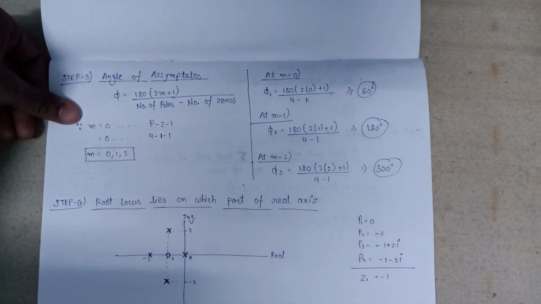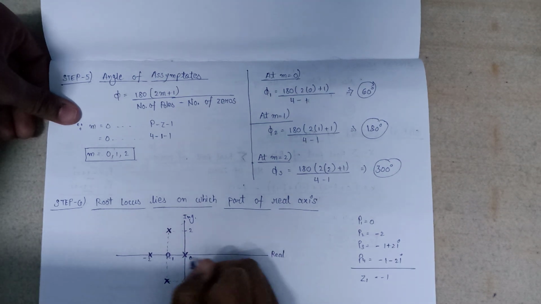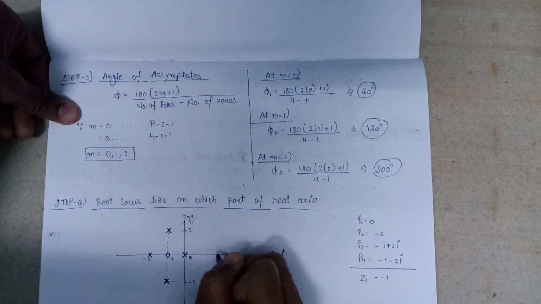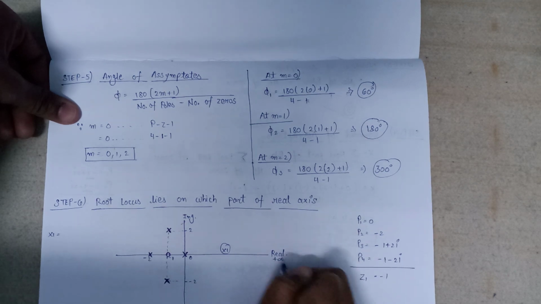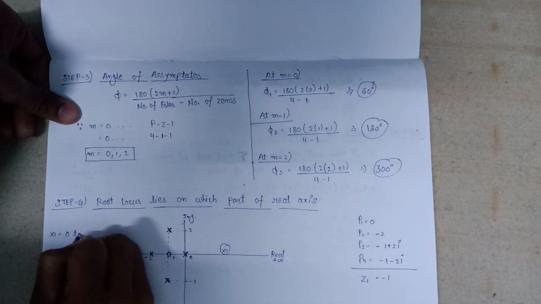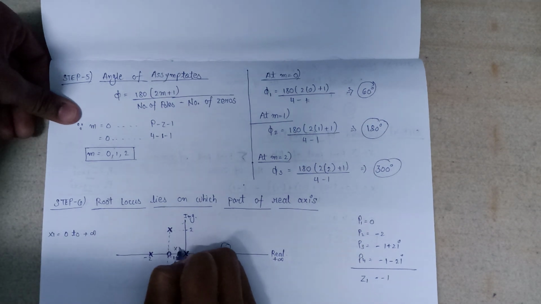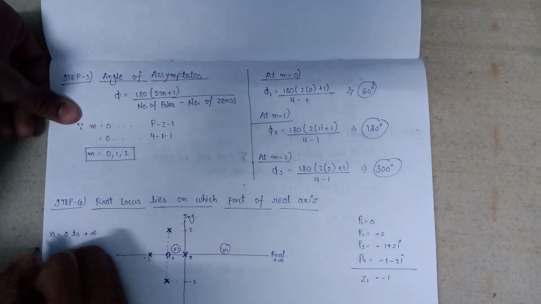Now how many regions do we have? This is the first region, denoted by x1, which lies from 0 to plus infinity. Region x2 is here, that ranges from minus 1 to 0.